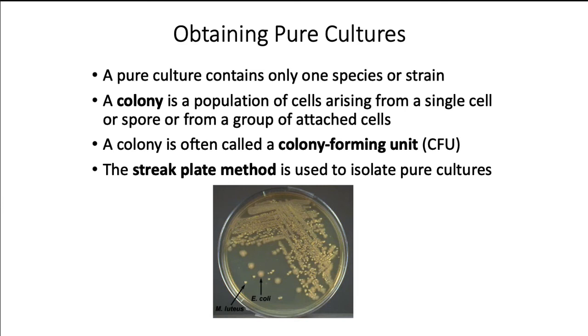However, there may be 2 or 3 cells that are so close to each other that when they divide, you can only observe one colony. So colony forming unit is a little bit like being safe, that you are not saying this is coming from a single cell. It could be a little bit more than that, but we cannot really tell.